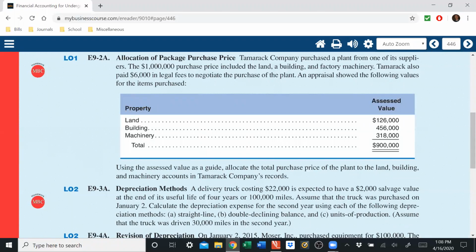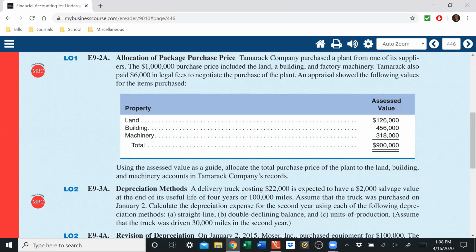And that's how they're going to allocate the purchase price to each of the 3 assets. So the market value of the 3 assets is $900,000. $126,000 of that $900,000 is the land assessed value. $456,000 of the $900,000 is the building assessed value, and so forth.